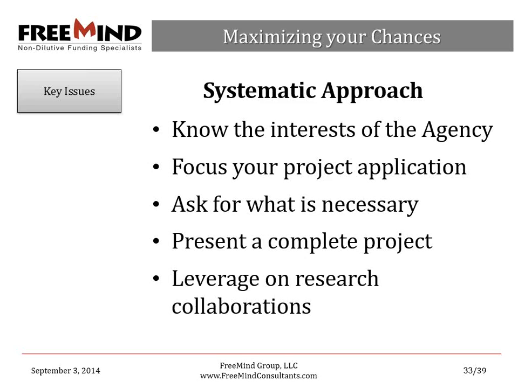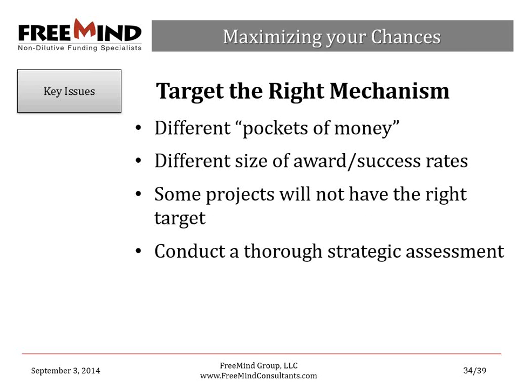In an effort to maximize your chance to win an award and to win the largest award possible, I don't think I can overestimate the importance of targeting the right mechanism. As you saw in the various solicitations I showed, there are many solicitations and many different mechanisms.